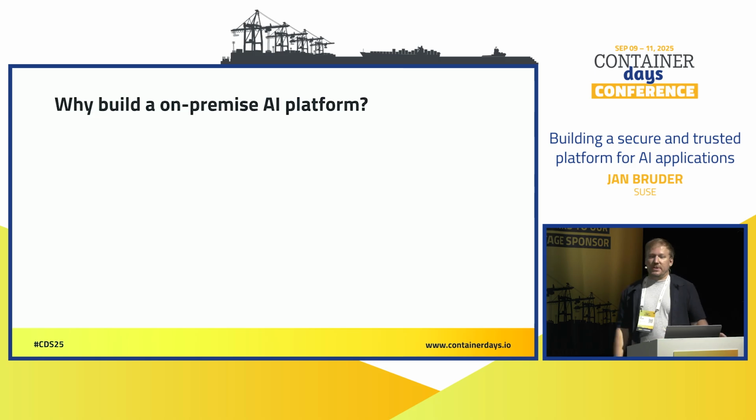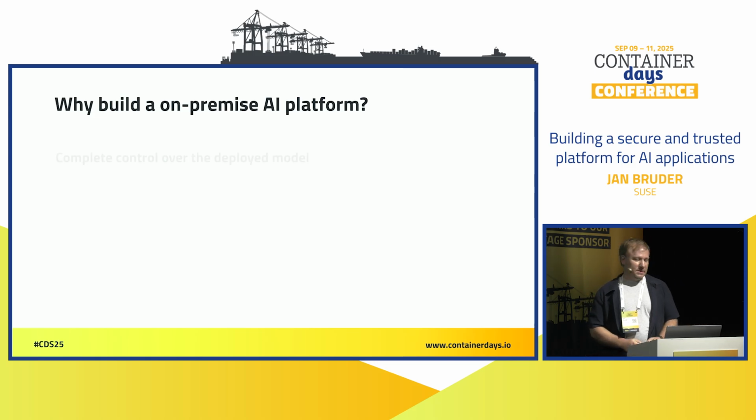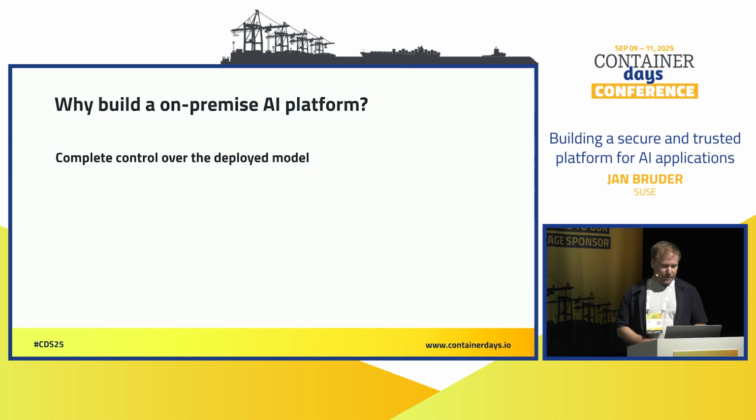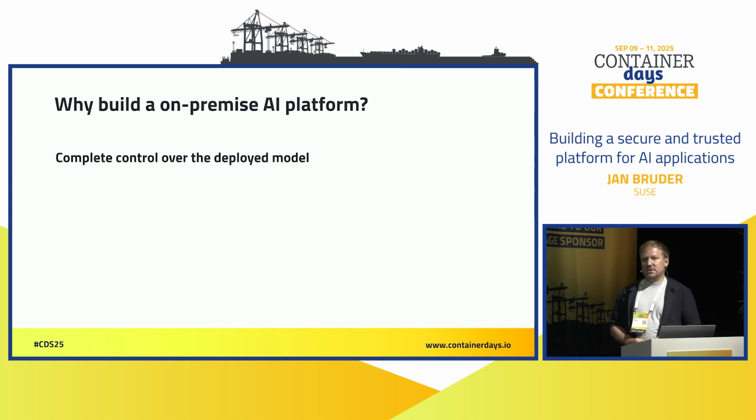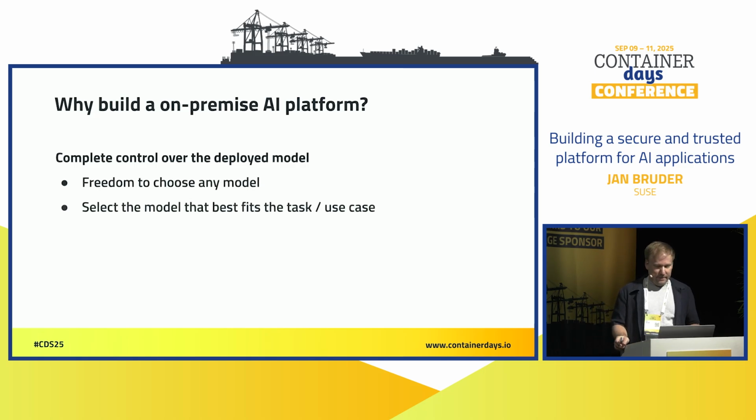So why then would you build an on-premise AI platform? First of all, it gives you complete control over what models you may use, which is a big advantage, because it allows you to select exactly the model that best fits your specific use case.